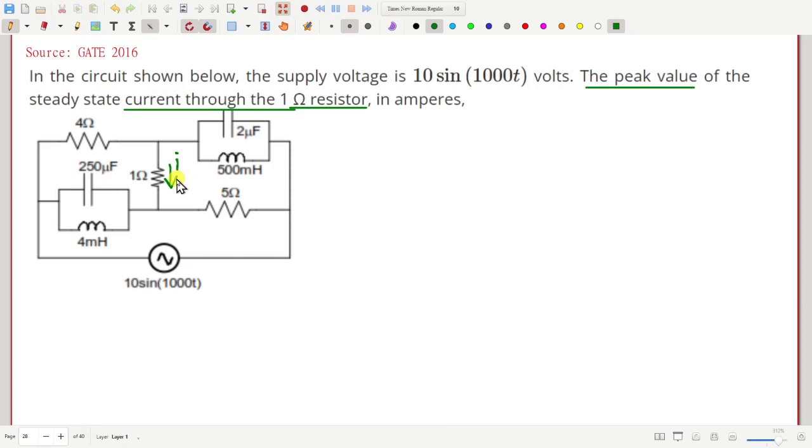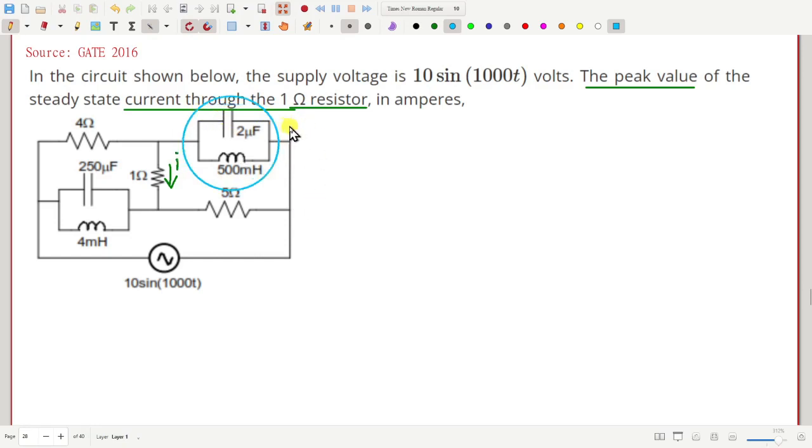Before we do that, let us first simplify this circuit. Let us first find out the omega L and 1 by omega C, that is XL and XC, for all inductors and capacitors. Let us first consider this branch.